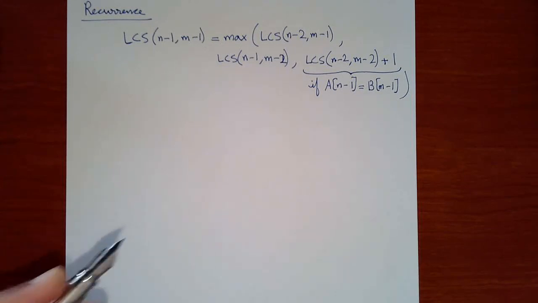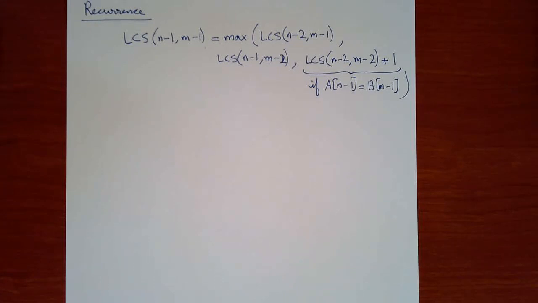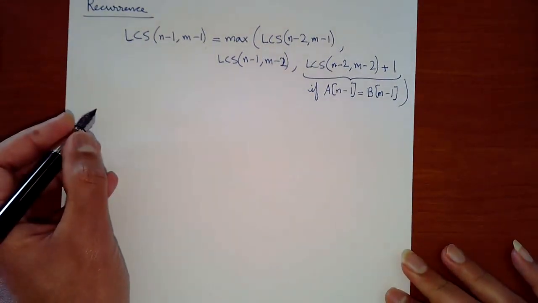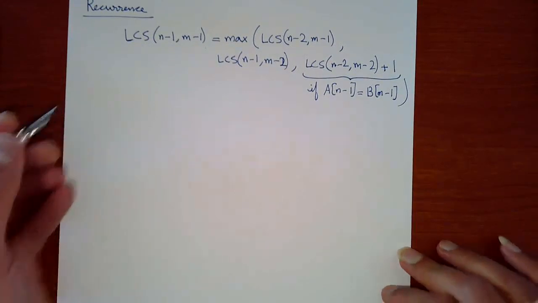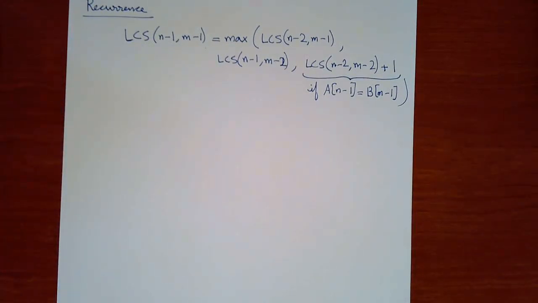I'm just going to write things recursively, and then you'll see that technically you should think of there being 2 tables.